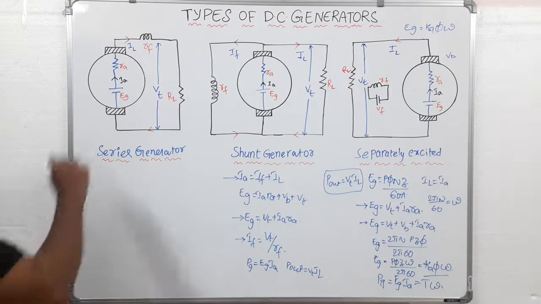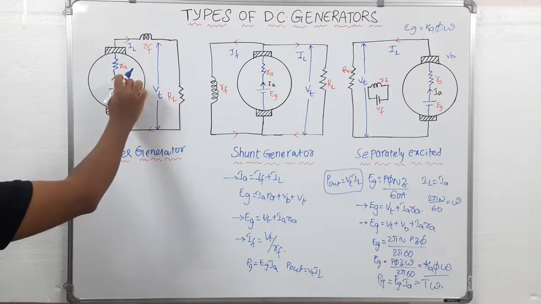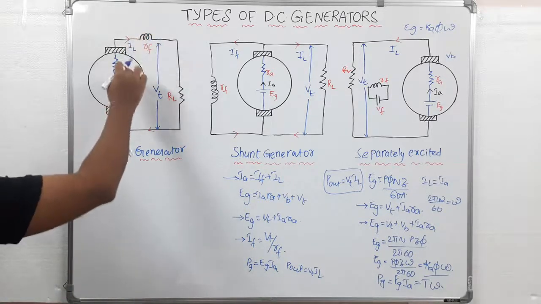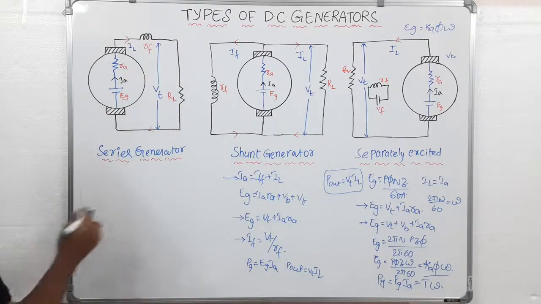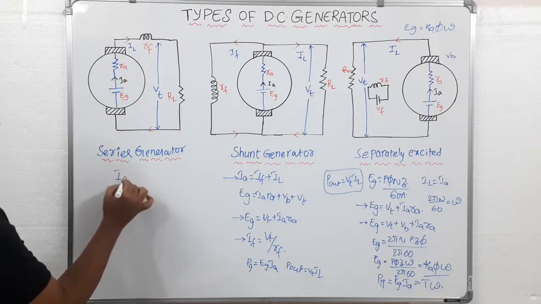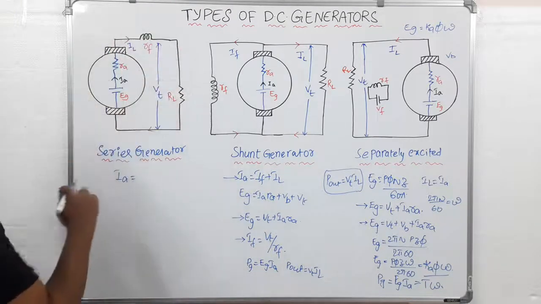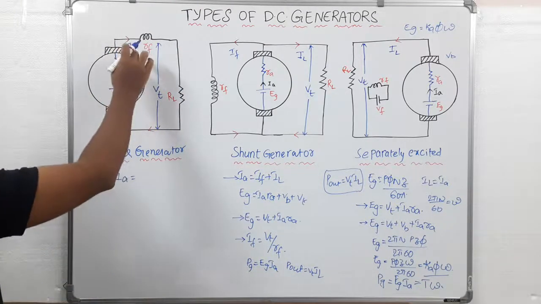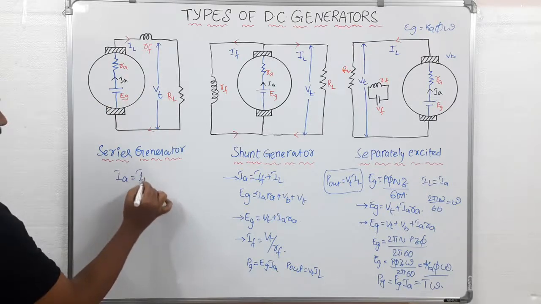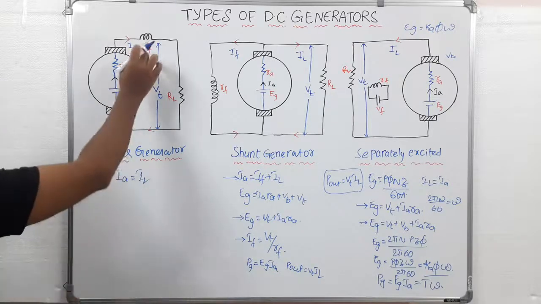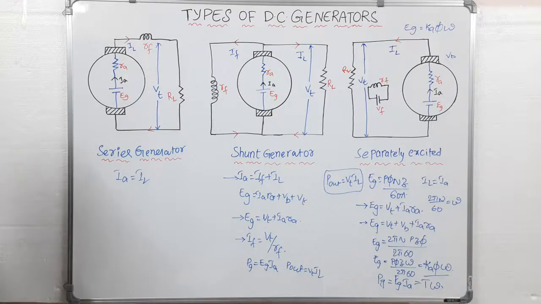In the series generator, the same current is flowing through Ia. All the resistances are connected in series and Ia is equal to IL. The same current is flowing through the field winding and load resistance.